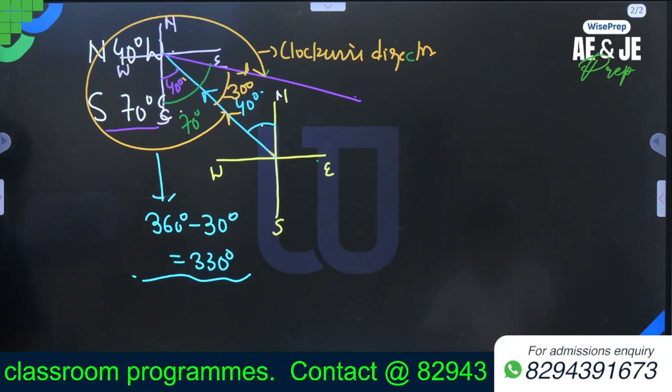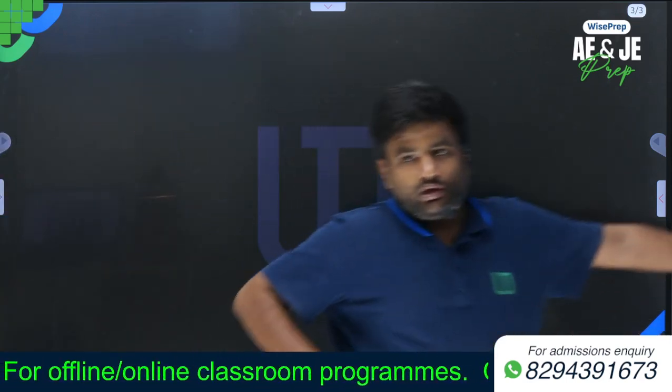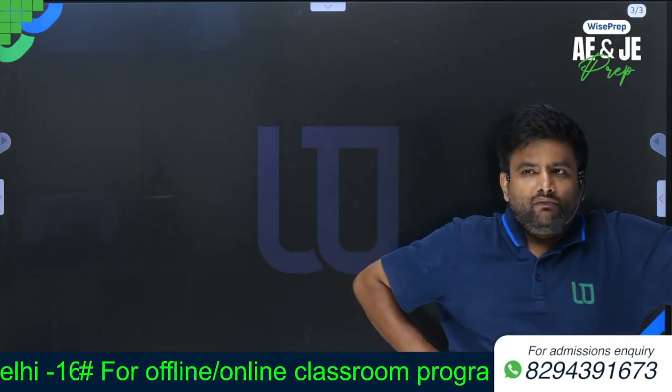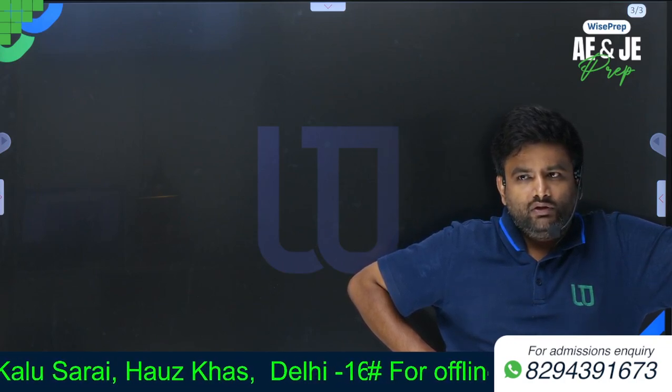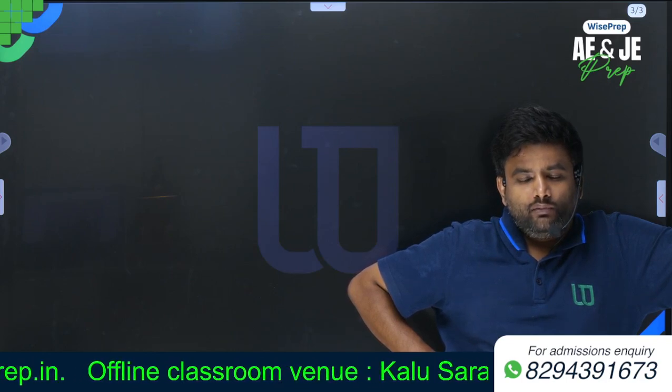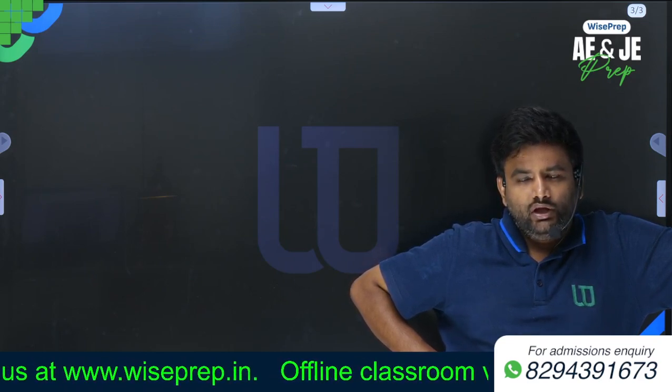Now write another question. Compute the angle between the lines AB and AC of the respective bearings.